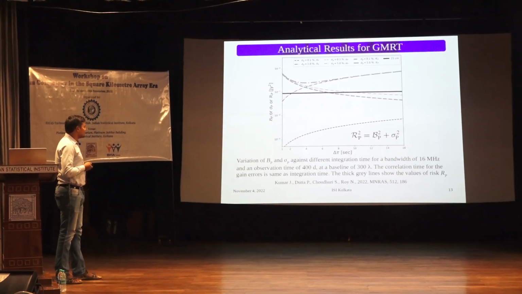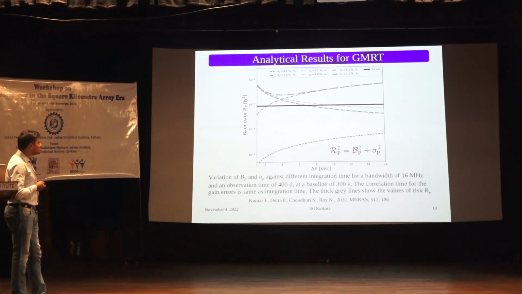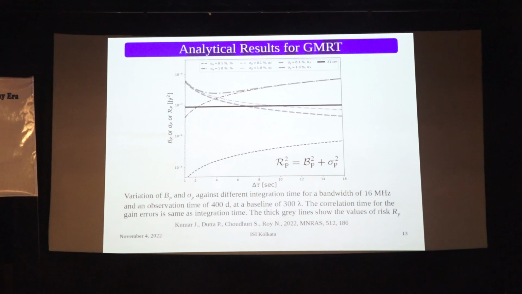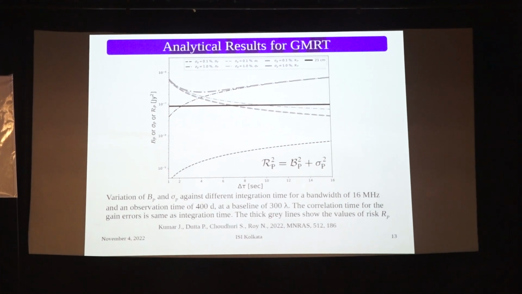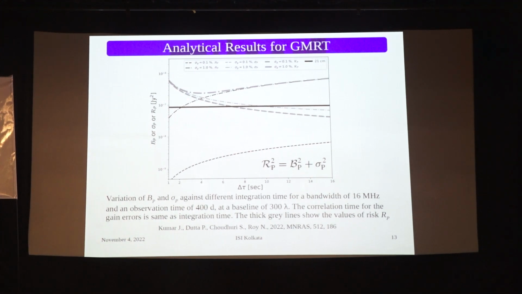Here we plot a quantity called risk, which is defined in this way, and which shows the combined effect of the bias and error in the power spectrum. These curves are for 0.1% gain errors, and these curves are for 1% gain errors.